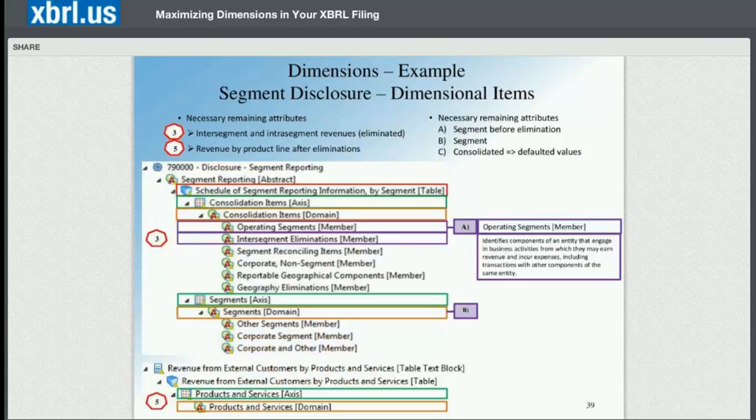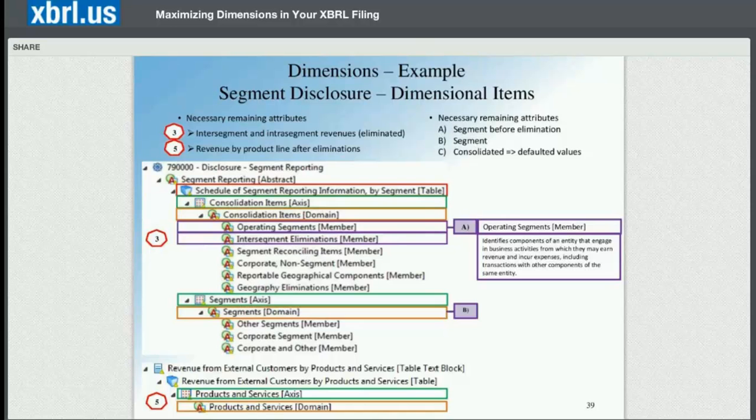So if I go to the taxonomy, the first place I go for these additional attributes or elements that I need to complete the definition of the fact values in the table, I go to the segment footnote 790,000, and in there I find a table that I can use as my abstract because every table has to start with a table. The consolidation items axis, consolidation items domain, and in there I have two members, operating segments and intersegment eliminations.